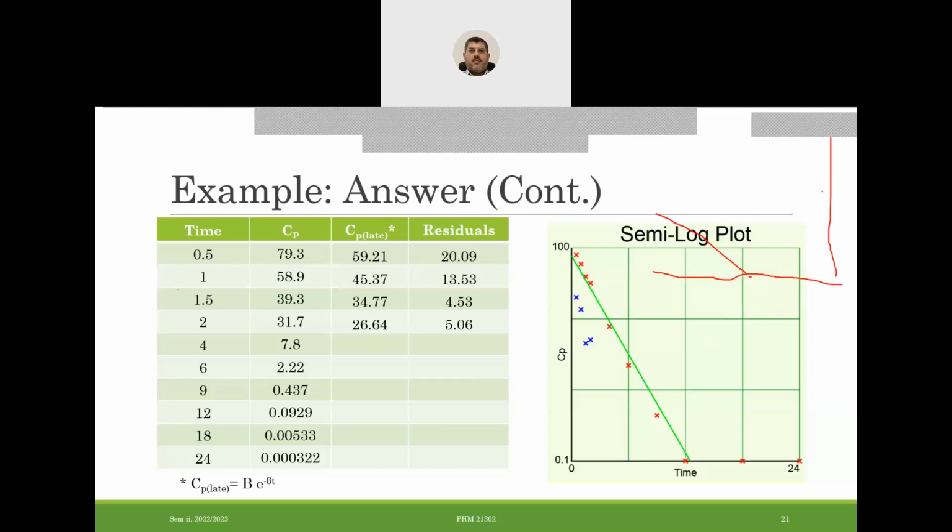And now you have two lines. Then at each time point you determine how much the y value is. The y value for the back extrapolated line, we call it CP late.